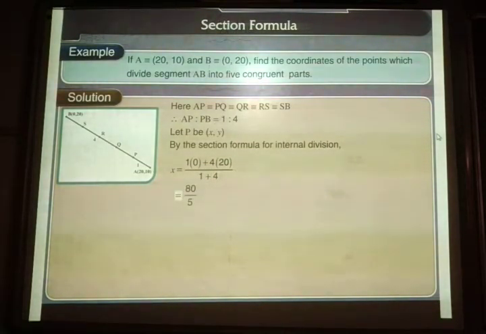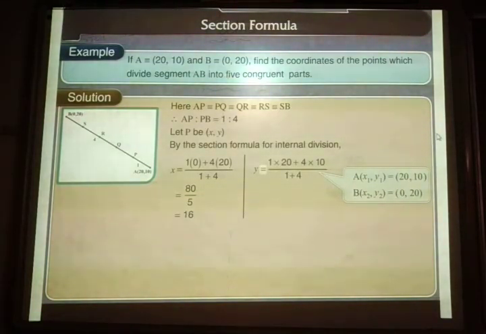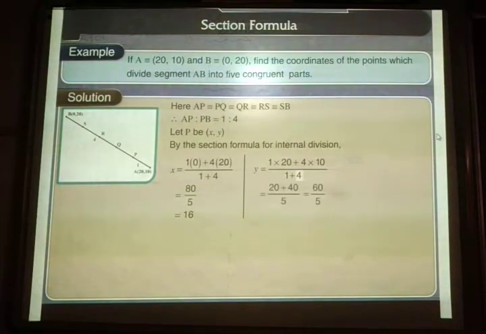This is equal to 80 upon 5, which is equal to 16. Also, by the section formula, y is equal to (1 into 20 plus 4 into 10) upon (1 plus 4), which is equal to 12. So, the coordinates of point P are (16, 12).